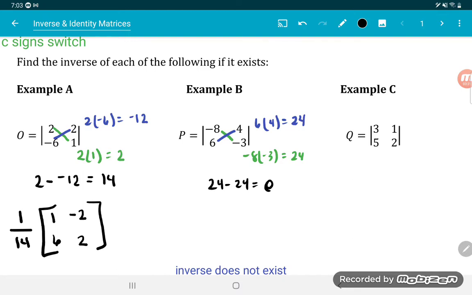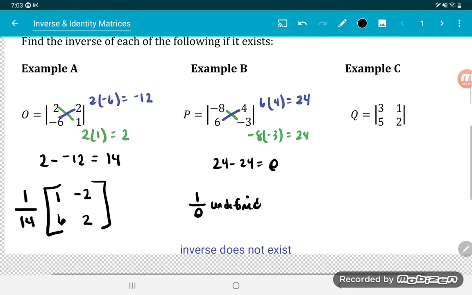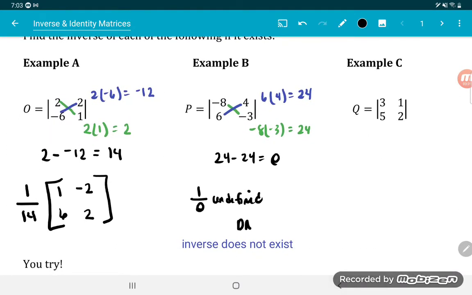If you remember, our determinant can't equal 0 because if we put the determinant under 1, that means that this is undefined. Your answer will be DNE because your inverse does not exist.